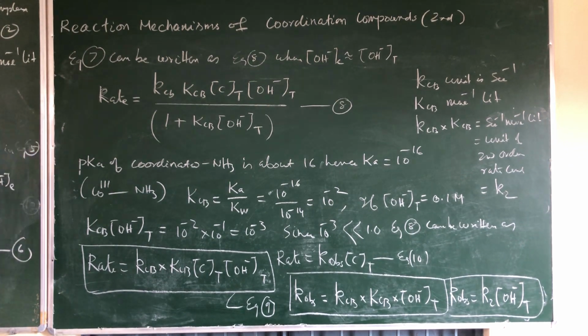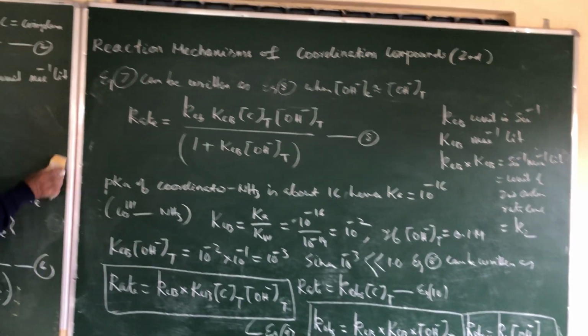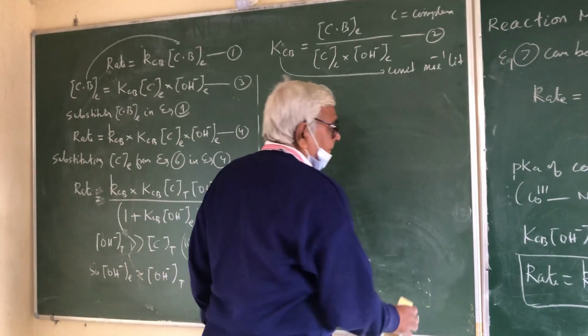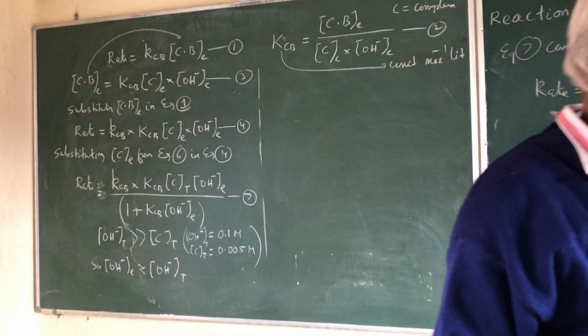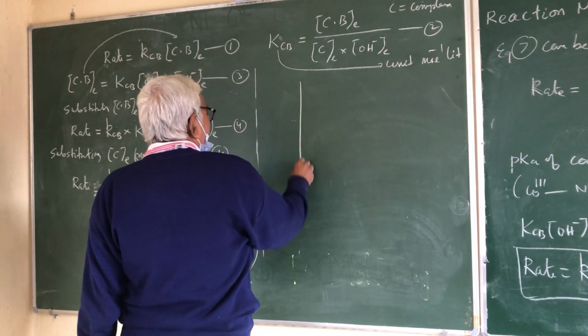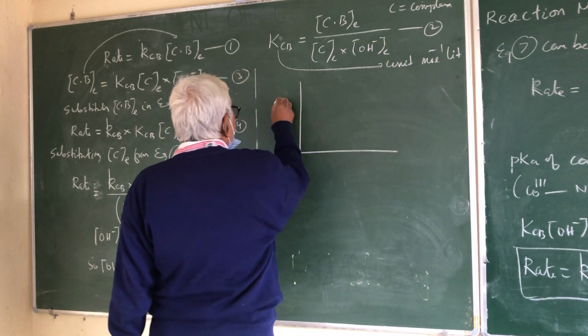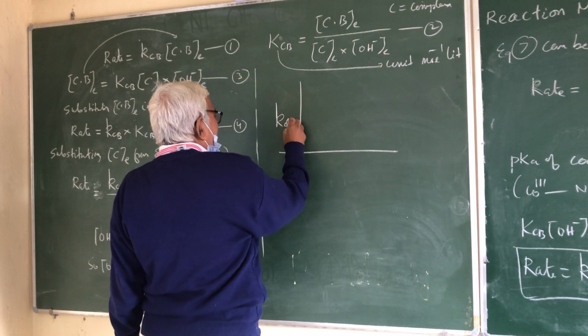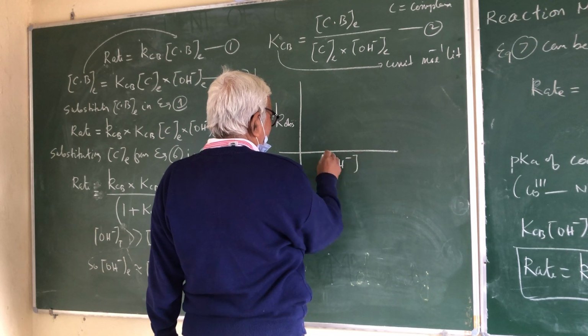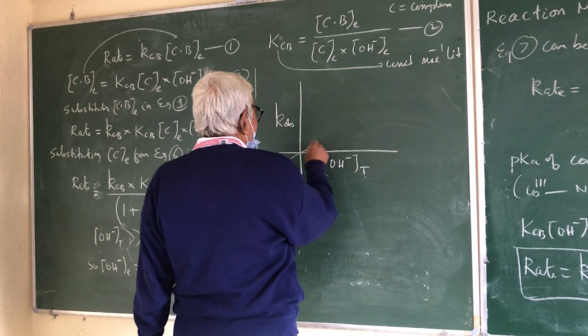So, what should be the nature of the plot? If we plot K observed versus hydroxide ion total, you should get a straight line like this.